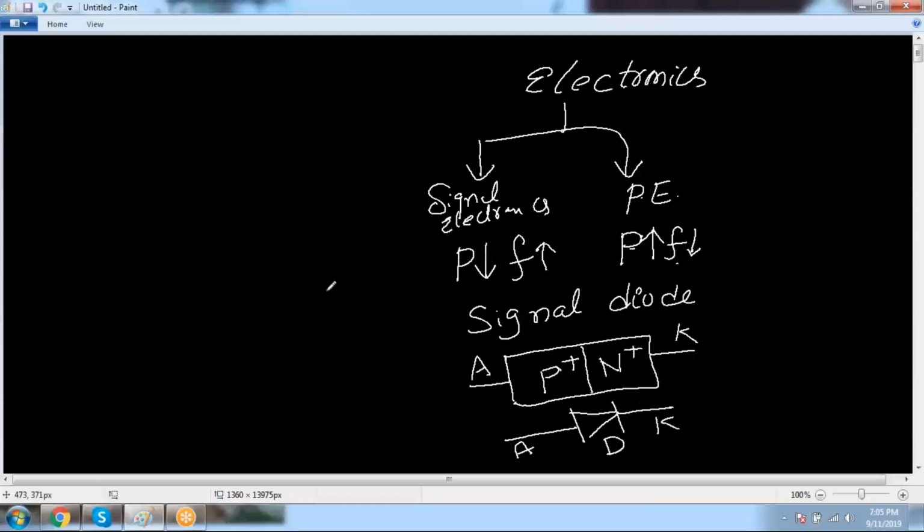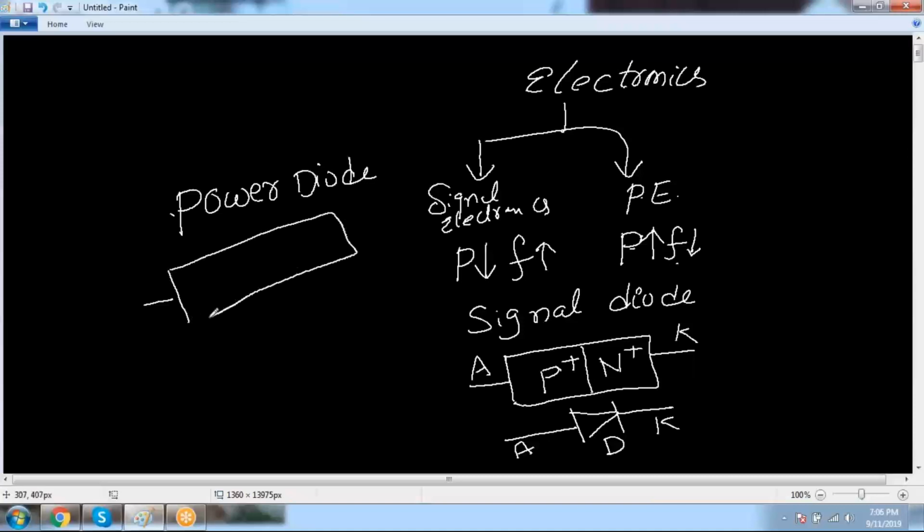But I want to take the power diode. What is the basic difference between a signal diode and a power diode? Here it is P plus, which stands for highly doped, and I'm using N minus, and here I'm using N plus.